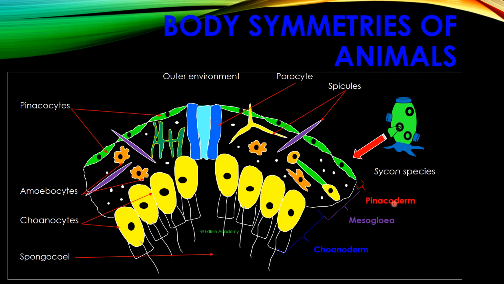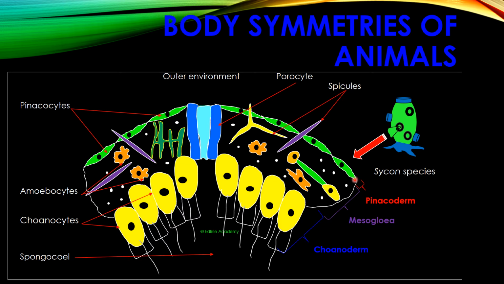If you take the pinacoderm, it consists of a single layer of cells which covers the body of the sponge. The innermost choanoderm layer is also a single cell layer which covers the wall of the spongocoel or internal cavity.